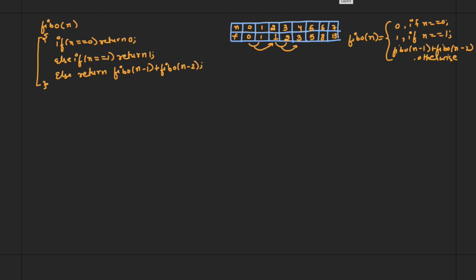This program is a recursive program, so obviously you are going to make many recursive calls, and I'm going to list some of those calls to find the Fibonacci of simple numbers. Let me draw a line here. This is the program.